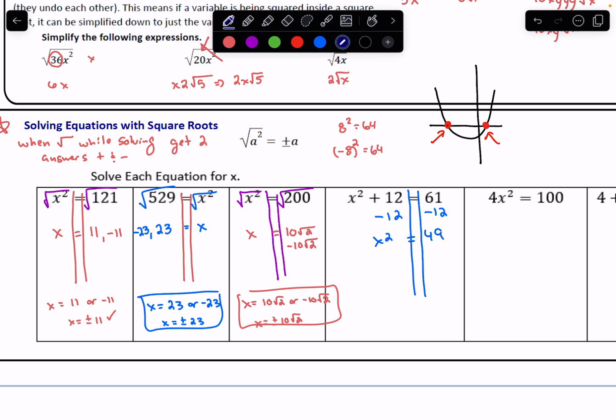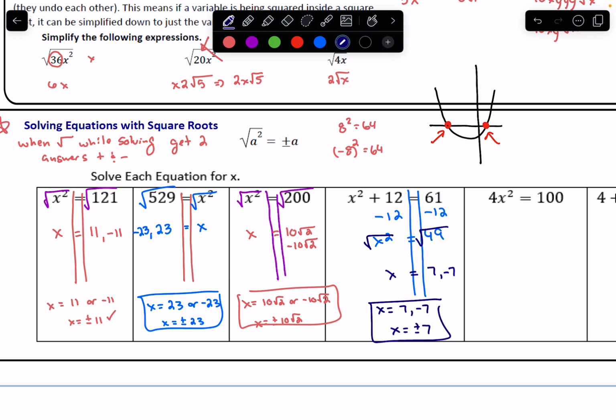Now I can square root both sides to get x by itself. And I end up with x equals, the square root of 49 is 7, but it's also negative 7. So x equals 7 comma negative 7, or you could write plus or minus 7.